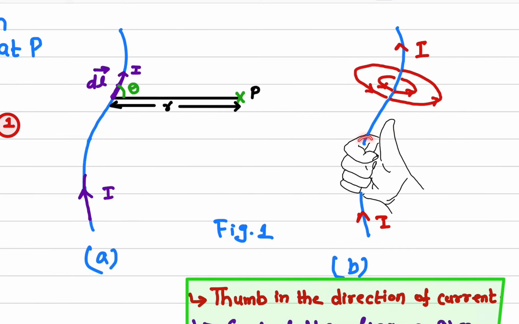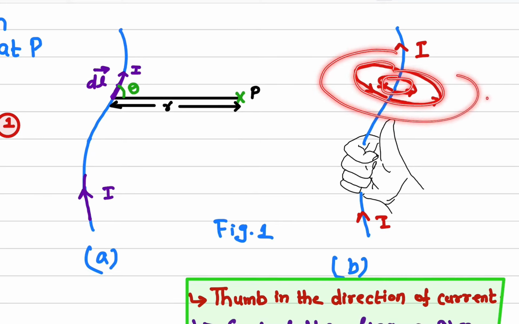then the curl of all these fingers tells you the direction of the magnetic field. So when you hold a wire, pointing your thumb in the direction of the current, the direction in which your fingers curl tells you the direction of the magnetic field. In this case, these are the directions of the magnetic field.